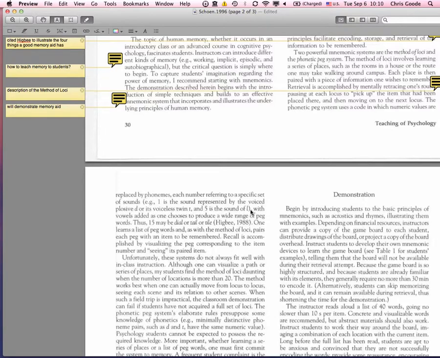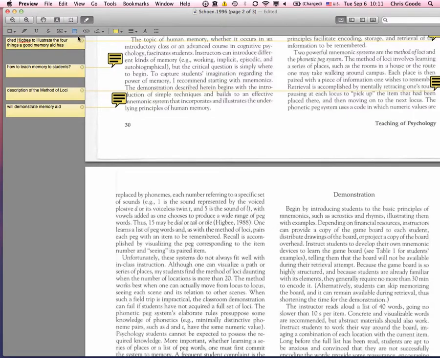And 5 is the sound of l, with vowels added as one chooses to produce a wide range of peg words. I'm not going to look up peg words right now. I'm going to keep reading. 1, 5, 15 may be dial or tile, oh sorry, that's tail. Tail or tile. And it cites Higbee again because Higbee explained this.